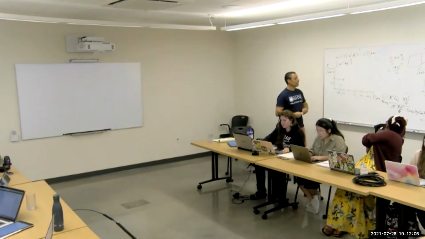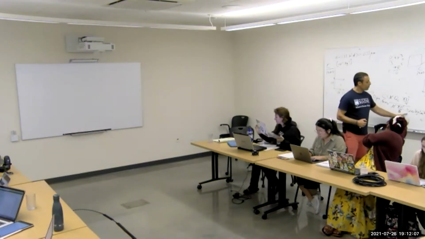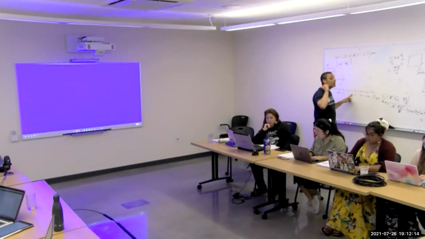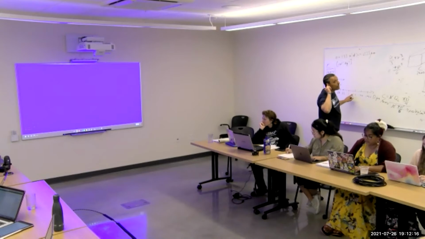This is the density of water, 1,000 kilograms per meter cubed. You have to convert your radius into meters.